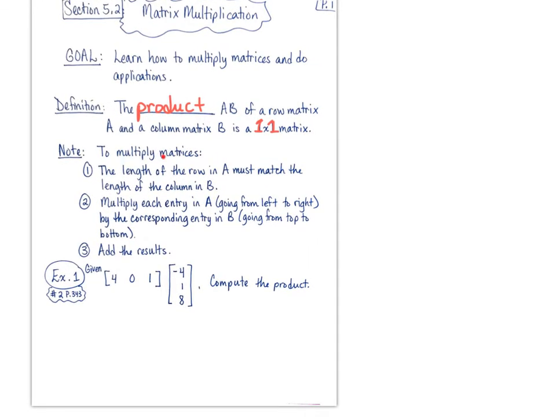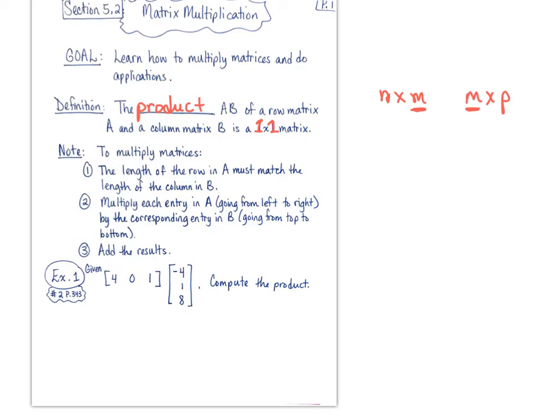To multiply matrices, the length of the row in A must match the length of the column in B. So what that means is if we have an N by M matrix and an M by P matrix, the columns here have to match the rows here in order for us to multiply.